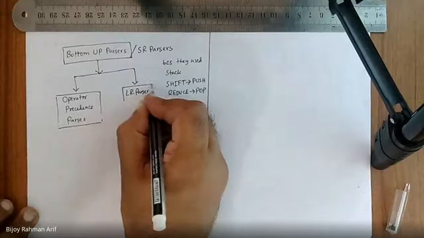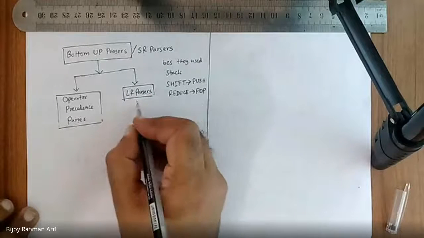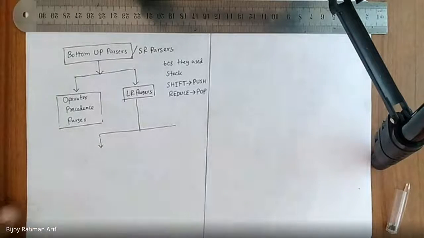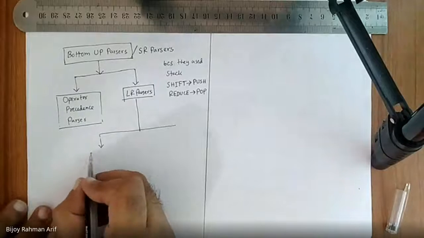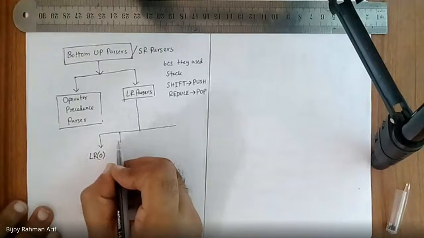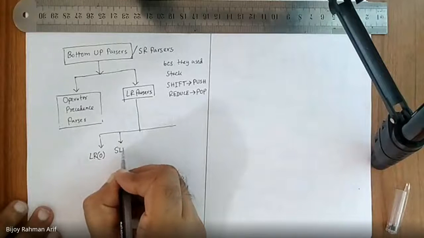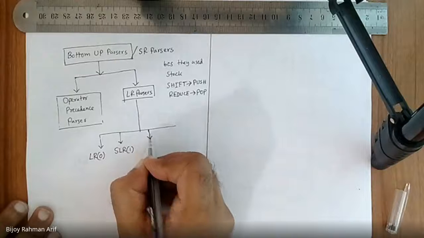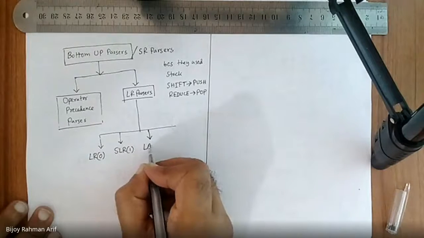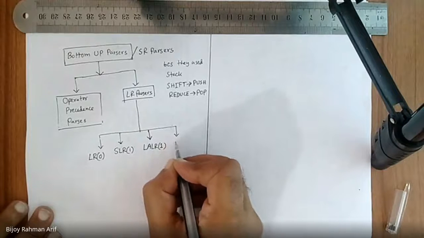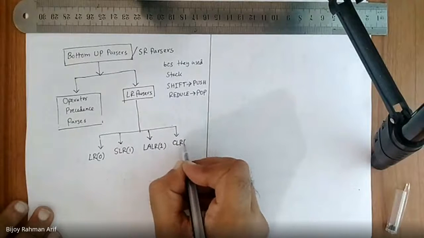Then we can classify LR parsers into four broad categories. The first one is called LR0. Second one is called SLR1. Third one is called LALR1. And fourth one is called CLR1.